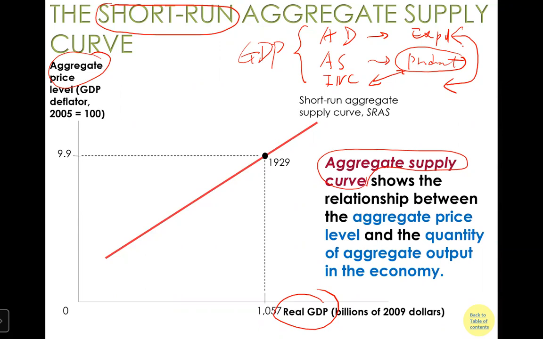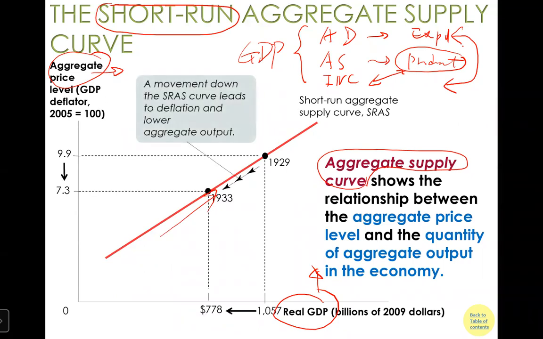The difference from the long run is that we don't have enough time to let the economy adjust. In the short run, we are going to see a very interesting relationship between price and aggregate supply. It is an upward slope, which means the higher the price, the higher the aggregate supply.